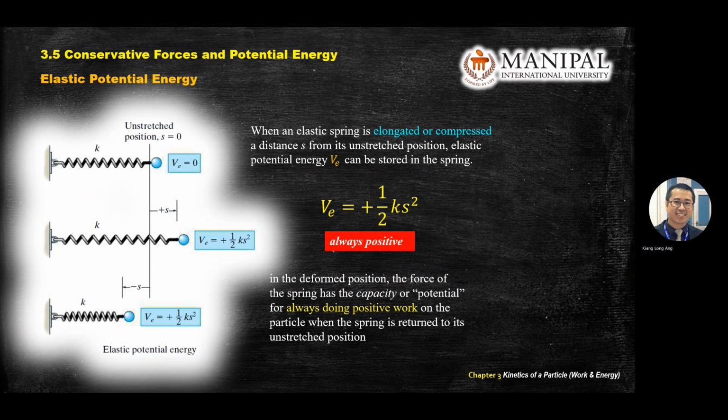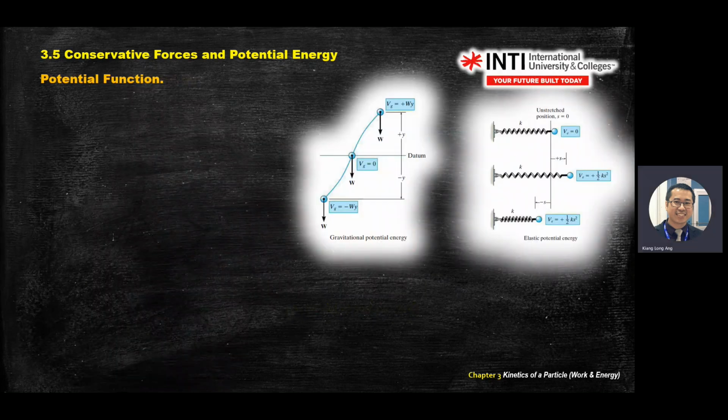Okay. So, new equation for spring. Energy for spring will be half kx squared. So there are two cases we discussed just now.